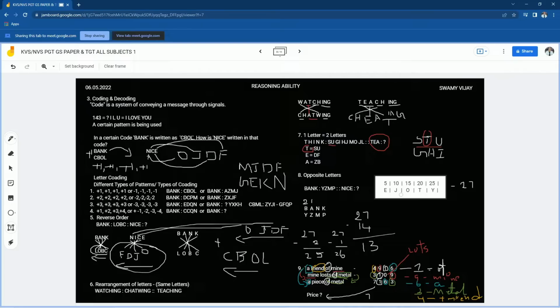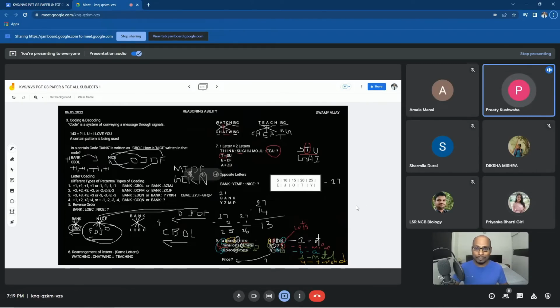J is the 10th letter, correct? Plus add, because 13, correct? So 10 plus 3, J K L M N. Just a second, I got confused. N is number 14.